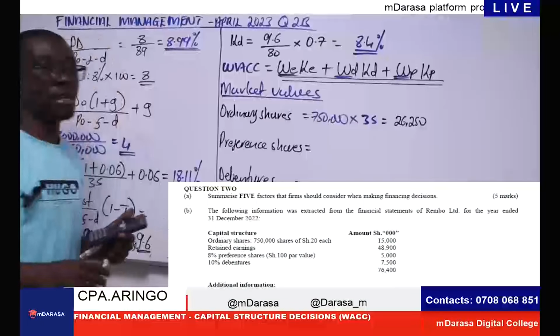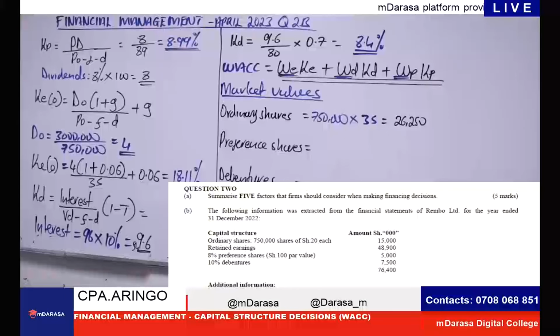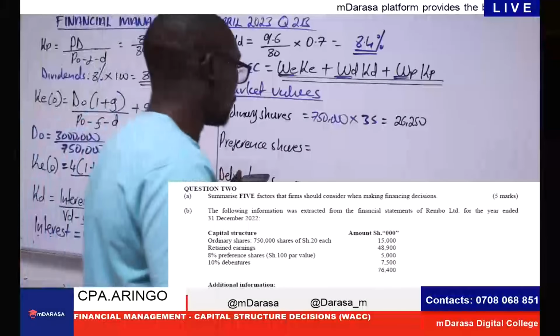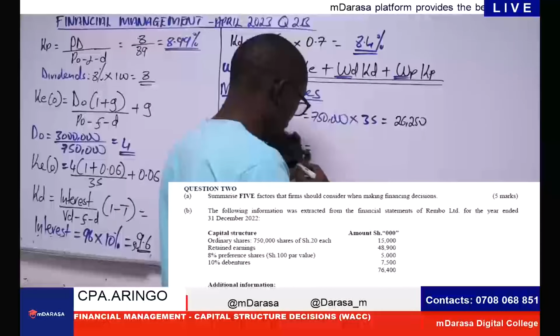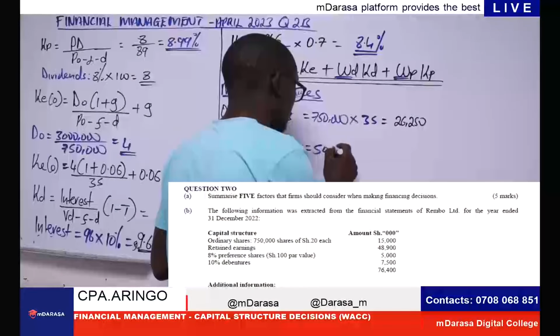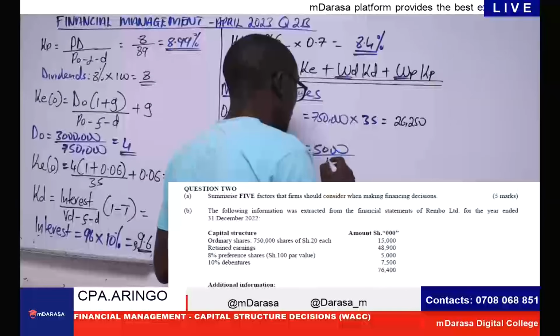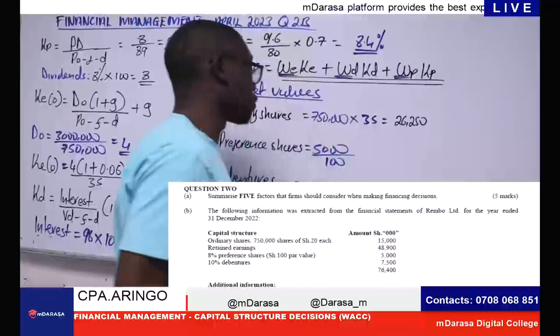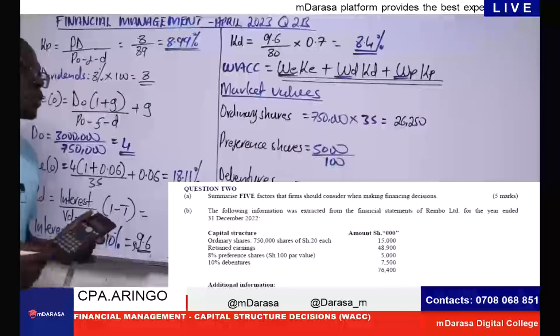What about preference shares? If you check our preference shares, you are given each share par value was 100. So therefore, we take our 5 million, the value, we divide by 100 because the par value is 100.